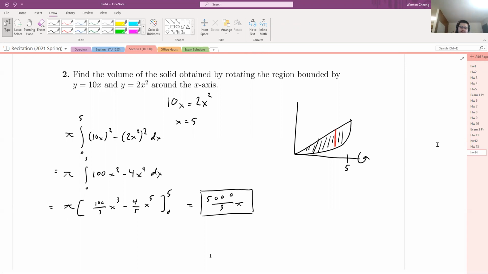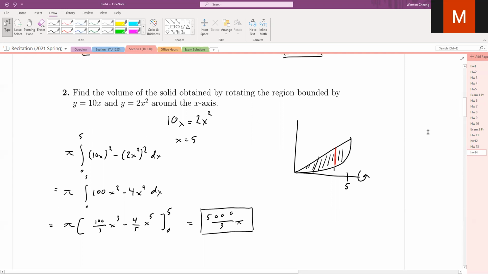These methods are all about the convenience of the setup. There are certain problems where you could actually use either method just because the shape is simple enough to be possible to work with. But then there are some situations where you really don't want to use one method compared to another, because otherwise you have to cut up the shape and add different integrals together to make it all work out.